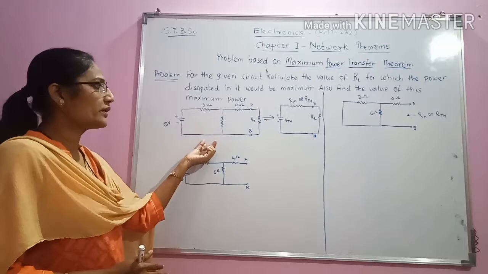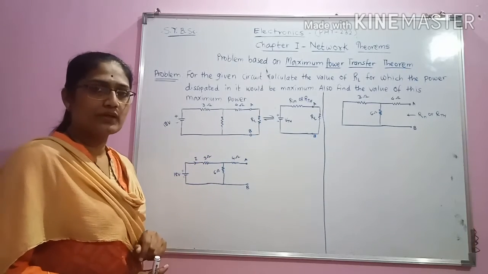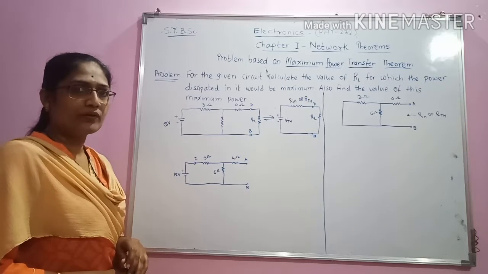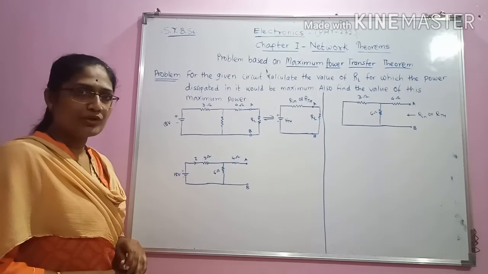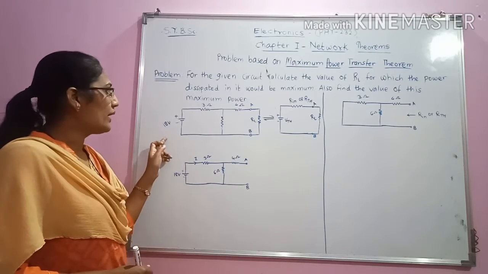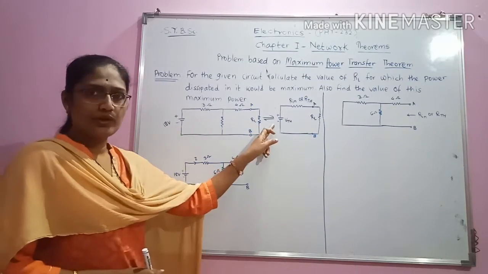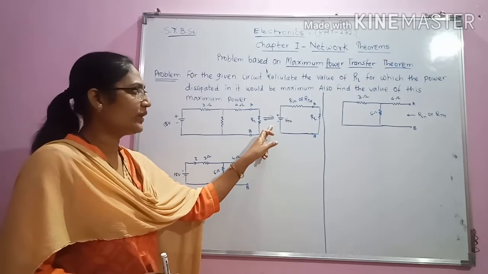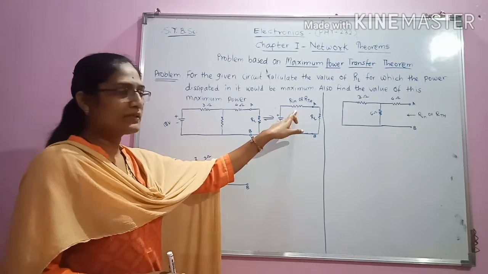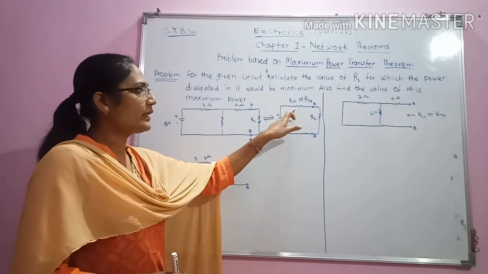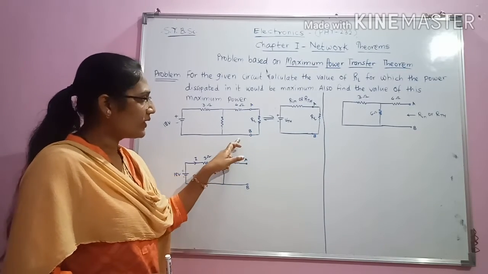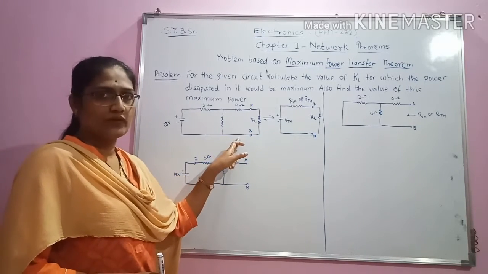How to convert this circuit into its Thevenin's equivalent circuit? According to Thevenin's theorem, if the given network consists of a combination of sources and resistors, then they are replaced by a voltage source which is called VThevenin and noted as VTh, and a resistance, and they are in series, and this circuit is called Thevenin's equivalent of this given circuit.